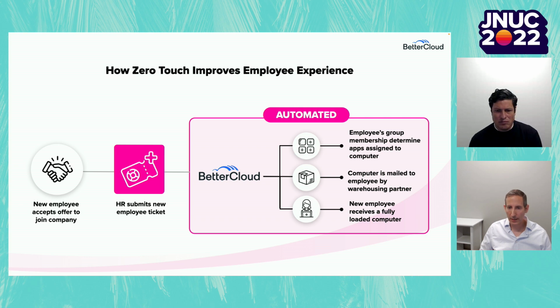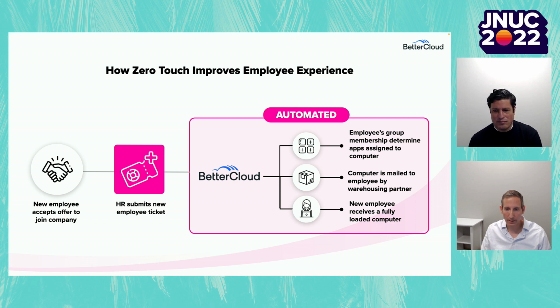The group membership for that employee is used to determine what apps that employee needs. Those apps are assigned to the computer, even to the point, as we saw, where that computer is purchased and configured and mailed, sent to the employee. And the new employee receives that computer, and using tools like Jamf, all that setup happens as part of that automation. And the result here is not only efficiency for the IT staff, but a much, much better experience for that new employee.